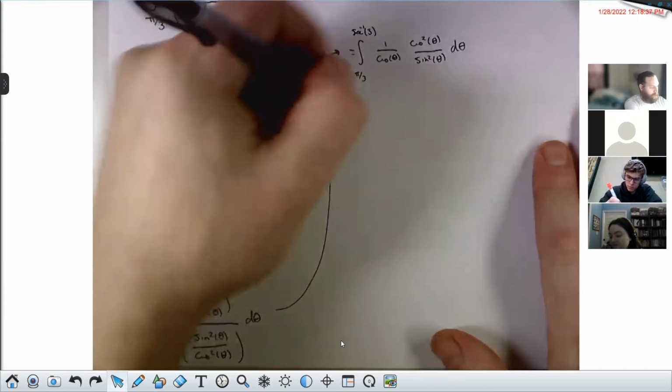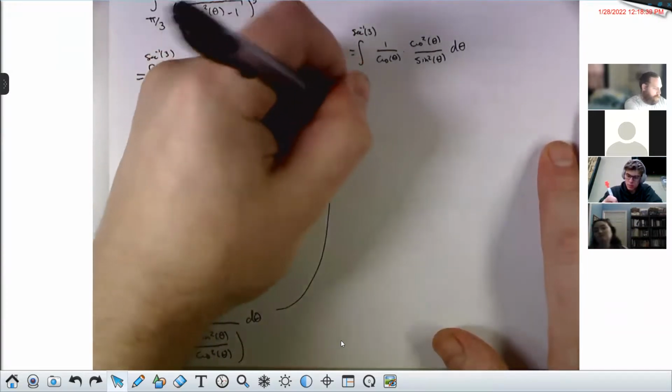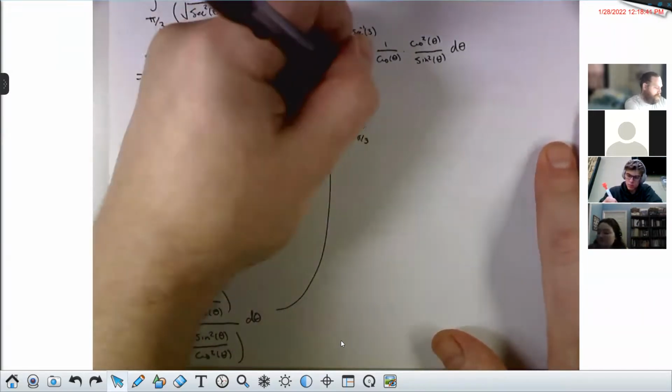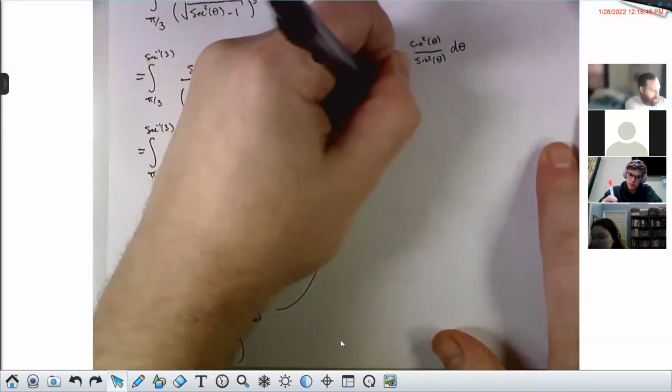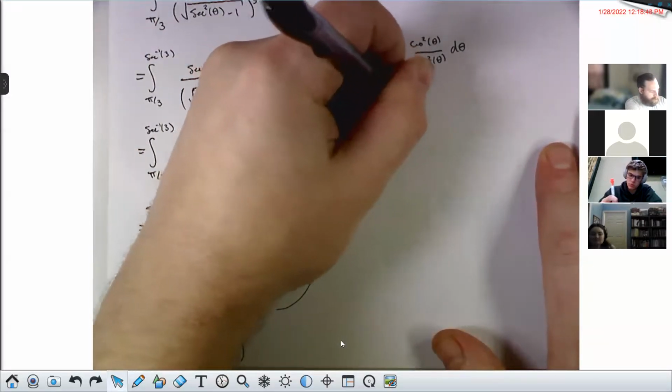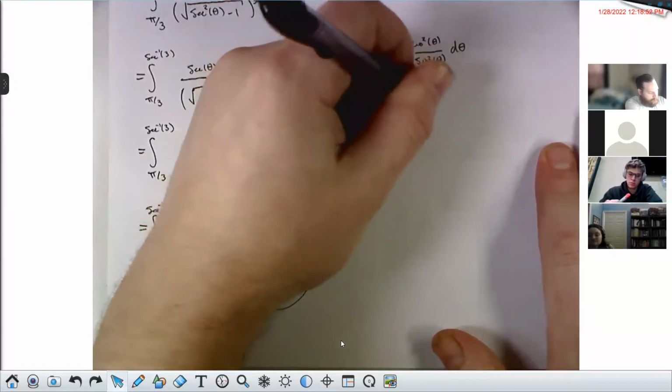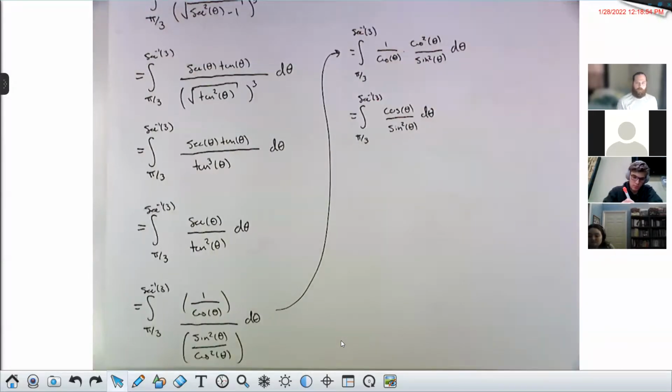I can cancel one of the cosines. And we're left with cos theta over sine squared theta d theta, which can be done two ways.